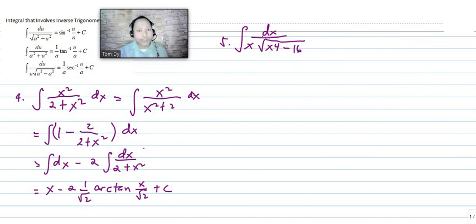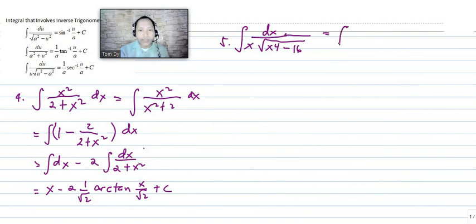If you have noticed here, this is similar to formula number 3: du over u times the square root of u squared minus a squared, which is equivalent to 1 over a arcsec of u over a plus c. Now, for this case, of course, we will identify our a squared and then u squared.